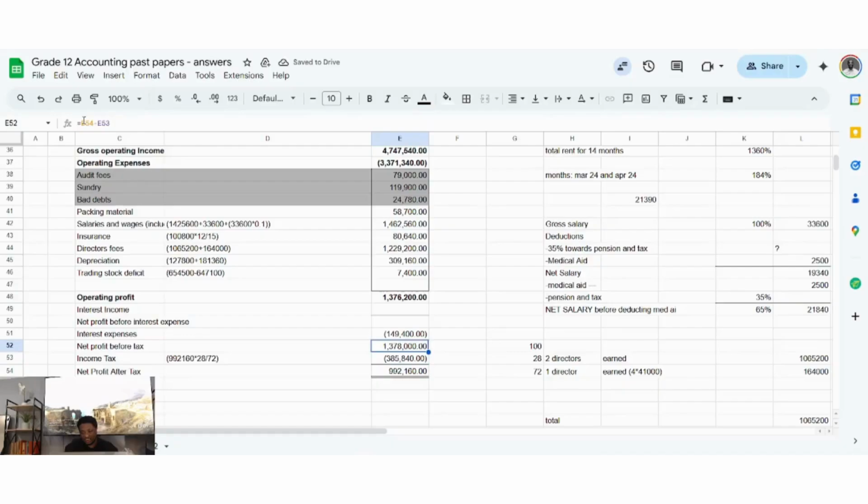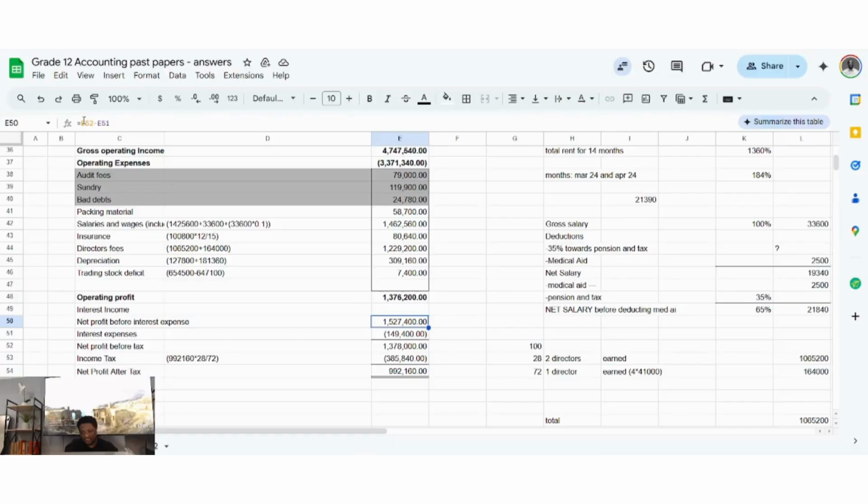Then it gives us that 1,378,000, and then our net profit before interest expense is the situation where we can take the 1,378 and then add 149,400, and that gives us 1,527,400.